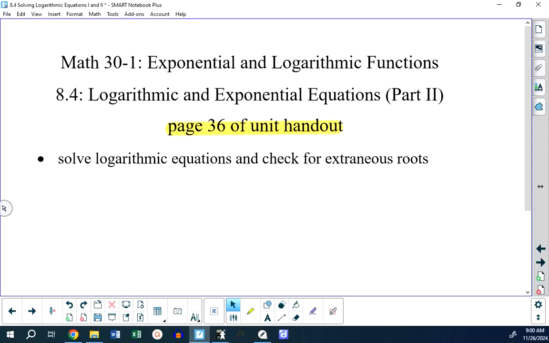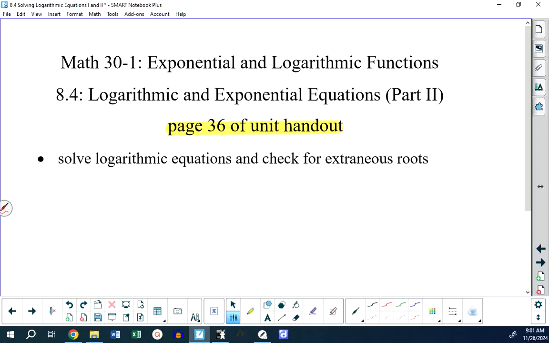We have to check for extraneous roots, and I want to just at the outset here explain why. First of all, an extraneous root is an answer that you get when you algebraically solve an equation properly, but you end up with an answer that just doesn't work. You encountered this last year when you solved radical equations, equations that have square roots.